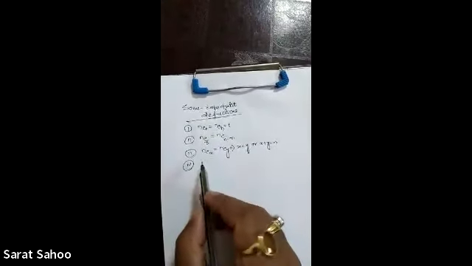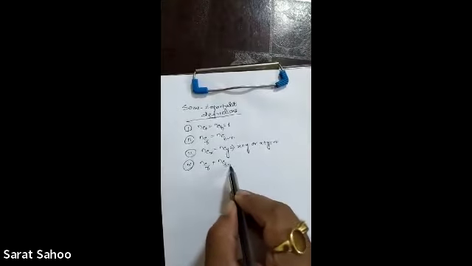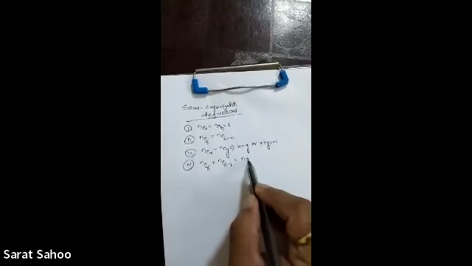Fourth one, nCr plus nC(r minus 1) equals (n plus 1)Cr.